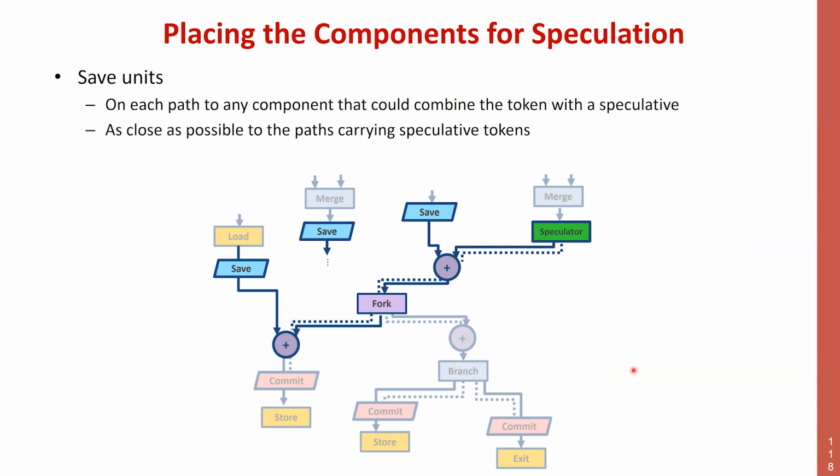You need to place these save and commit units. The intuition, I think, is very simple. You want to have the save as close as possible to the place where there is the interaction between the non-speculative and the speculative components, so that you save the least amount of information possible, or actually you replay it as close as possible to the consumer.